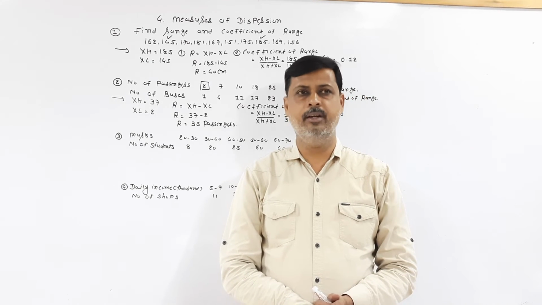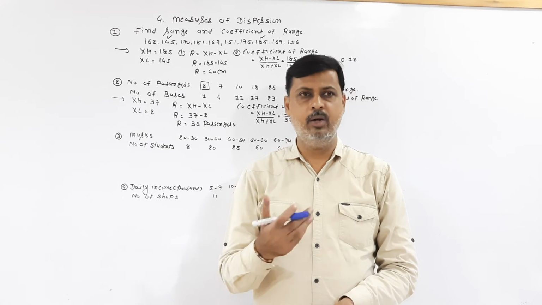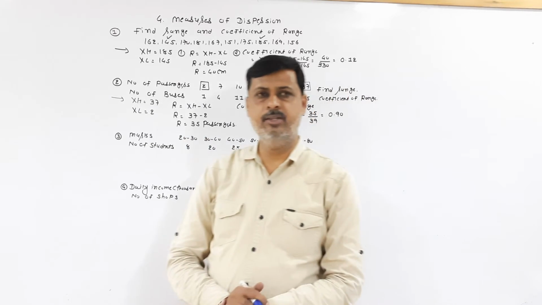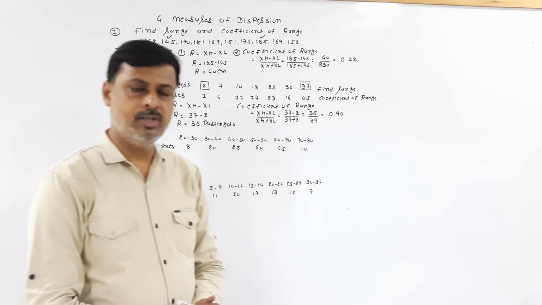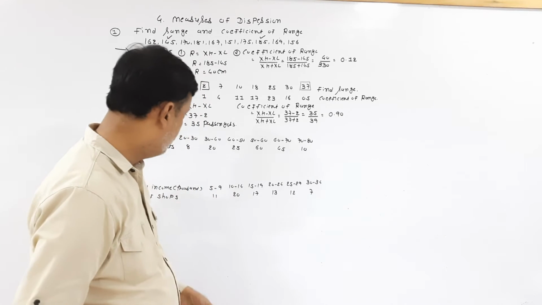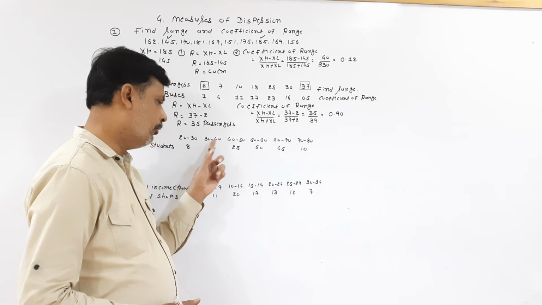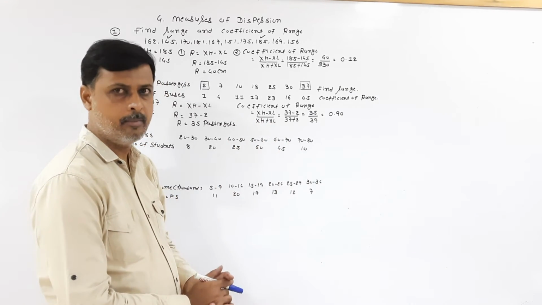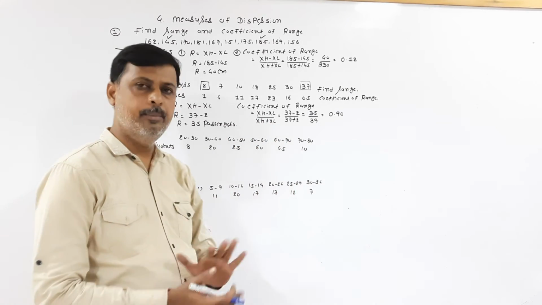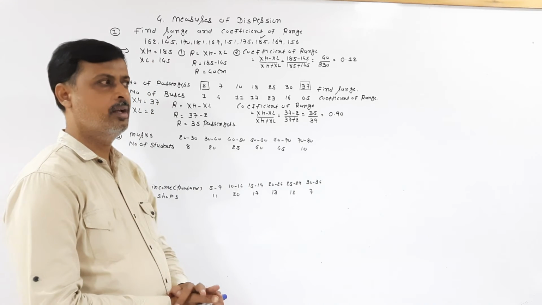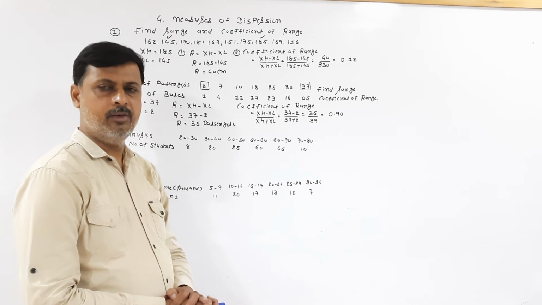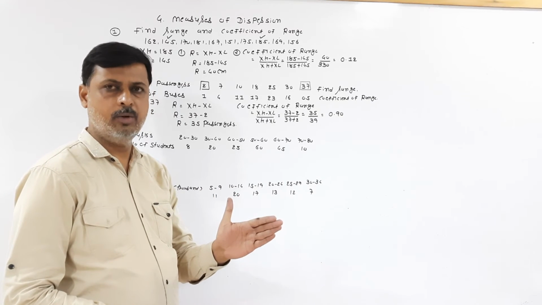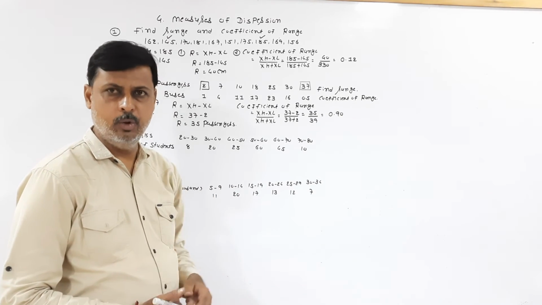Now we have to find the range of marks and also coefficient of range. Now in this example, marks is given in classes 20 to 30, 30 to 40, 40 to 50, 50 to 60, 60 to 70 and 70 to 80. And number of student means frequency is also given. But in this example, frequency is not important. Just we have to find highest observation as well as lowest observation.